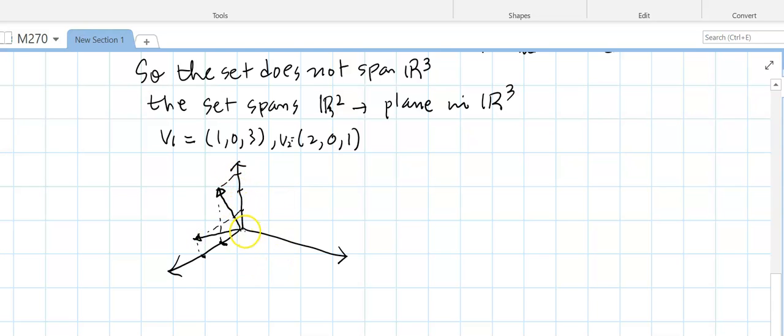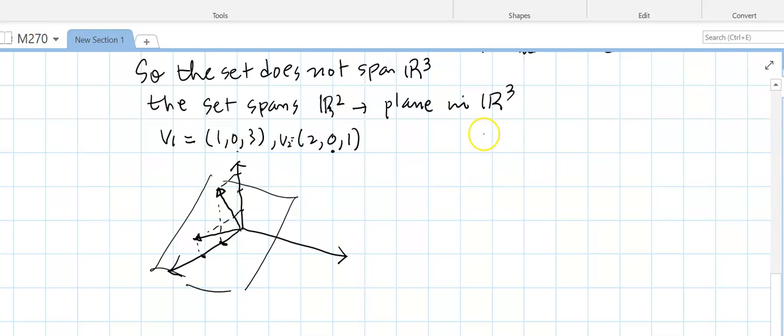So think about the plane determined by these two vectors. You have to kind of picture it. This picture always has y coordinate 0.